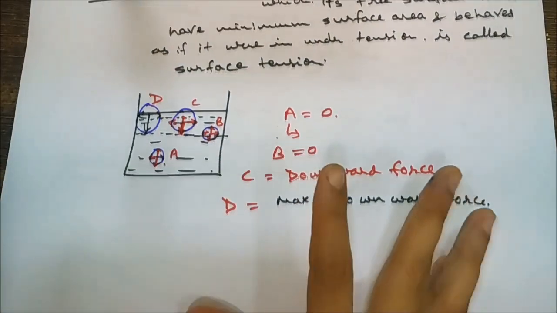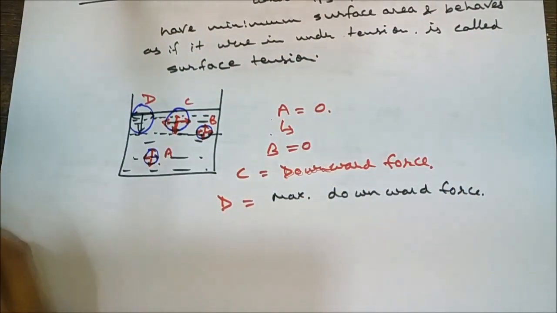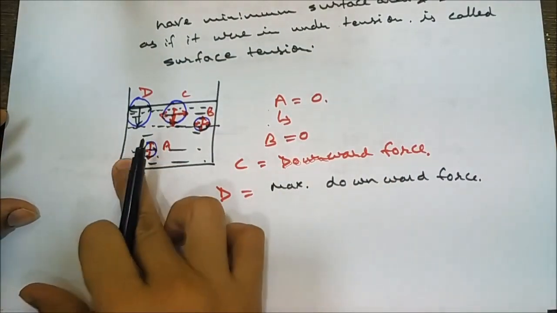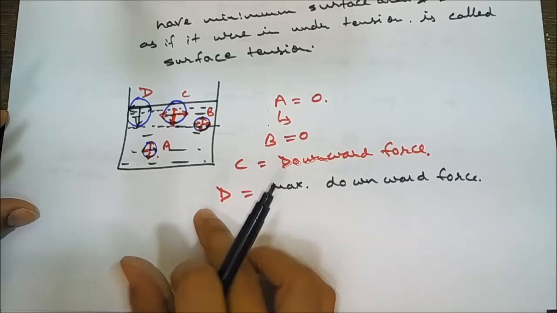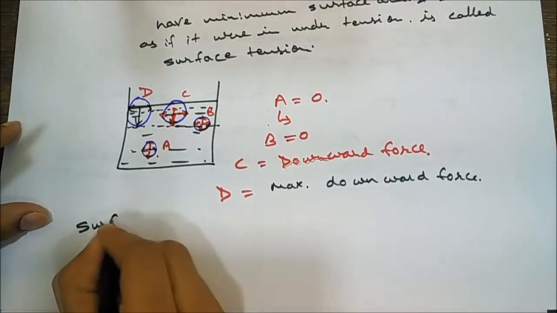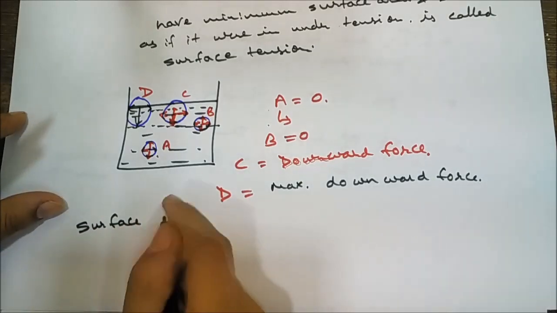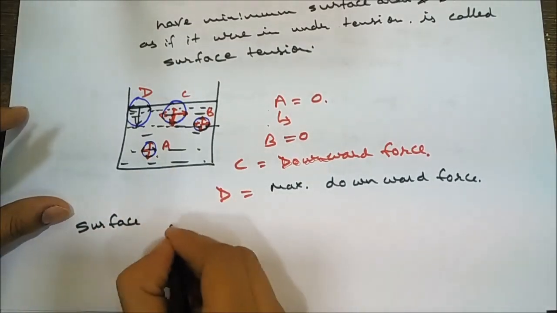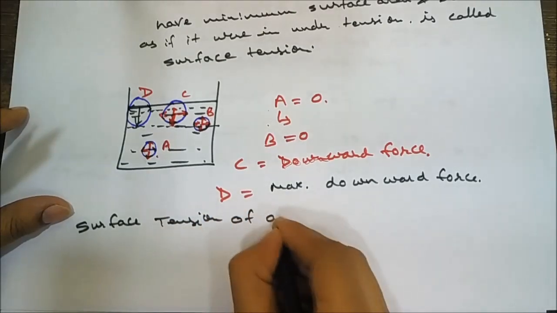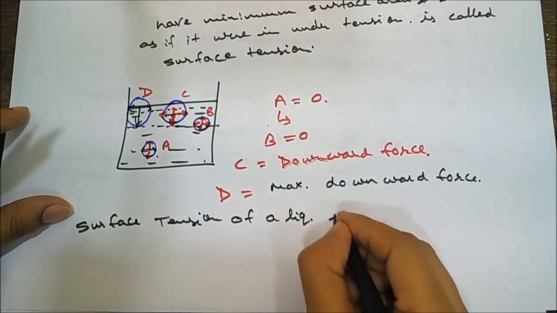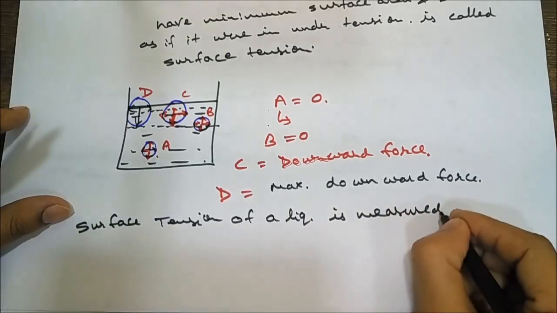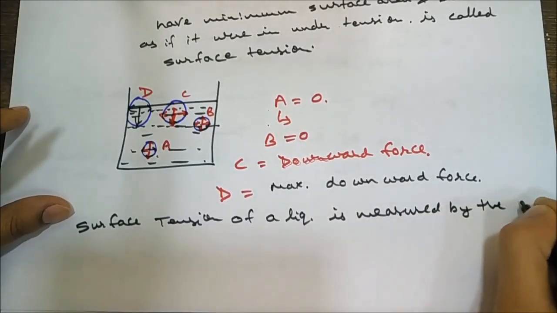So surface tension of a liquid is measured by the force acting per unit length on either side of an imaginary line drawn on the surface of the liquid.